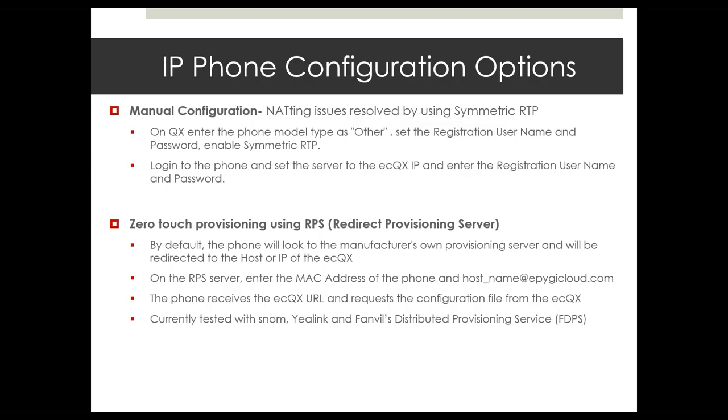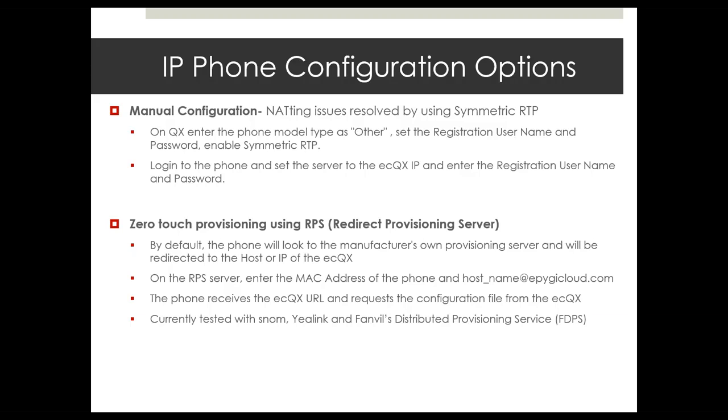All right, there's also auto configuration using OpenVPN, where the NATing issues are resolved by a VPN connection between the phone and the QX. You also get an added benefit: a secure connection between the two, and it also allows a connection to the phone GUI if your PC also has that same OpenVPN connection.